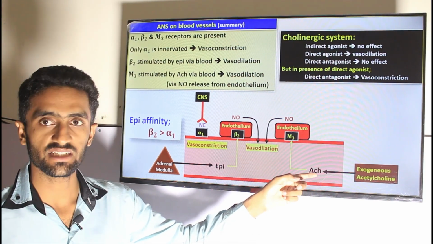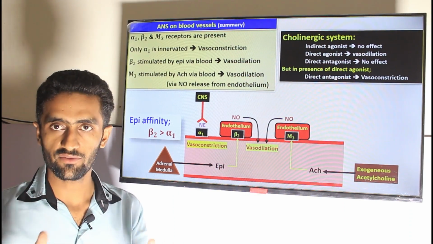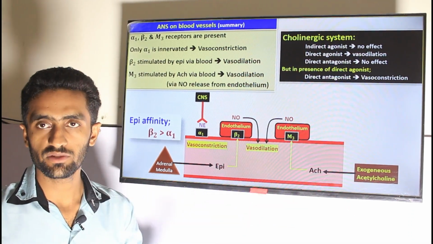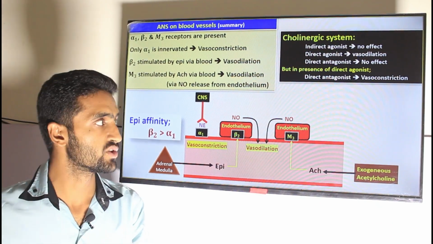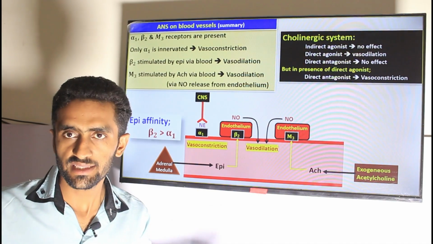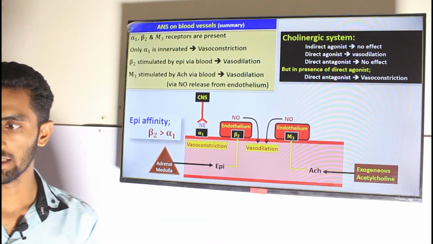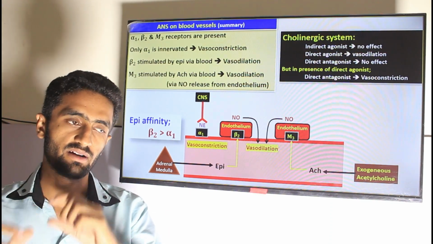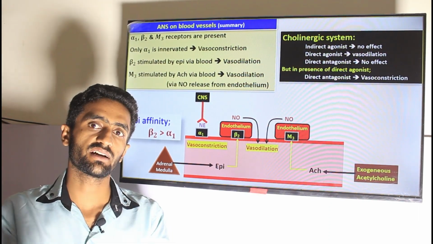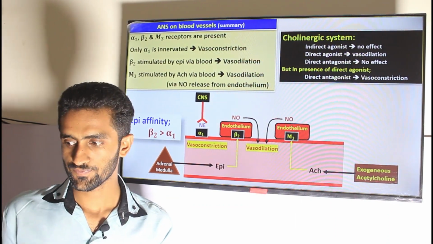So in the presence of the exogenous, or direct, agonist, your antagonist can work. But if this acetylcholine is absent, meaning you have not given exogenous acetylcholine, what will happen to the antagonist? Antagonists inhibit what? There is nothing, so no antagonism happens. In easier wording, if the blood vessels are already vasodilated, the antagonist can cause vasoconstriction of that blood vessel.